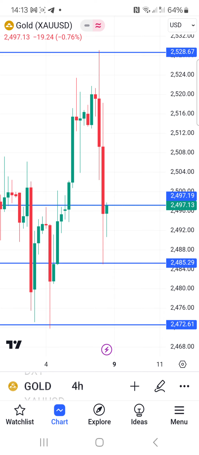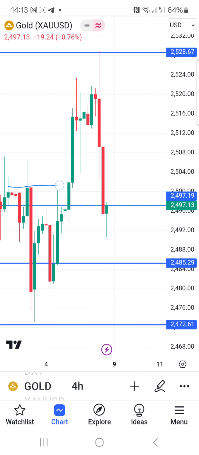which means that either the price can move from 24.97 and create another intermediate high. Let's be practical. The area which is likely is around this area.